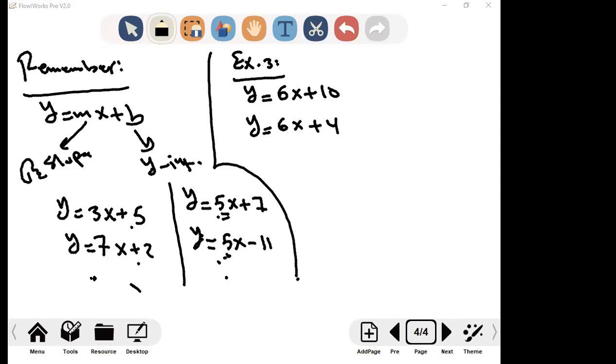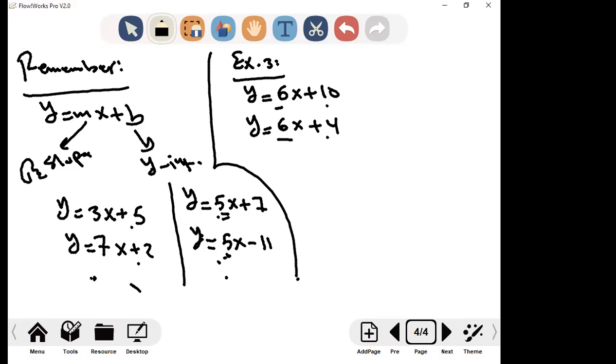Do we have the same y-intercept? If we have the same y-intercept, we are talking about the same line, right? Infinitely many solutions, and it is consistent and dependent, right? Here we have same slopes, they are parallel.